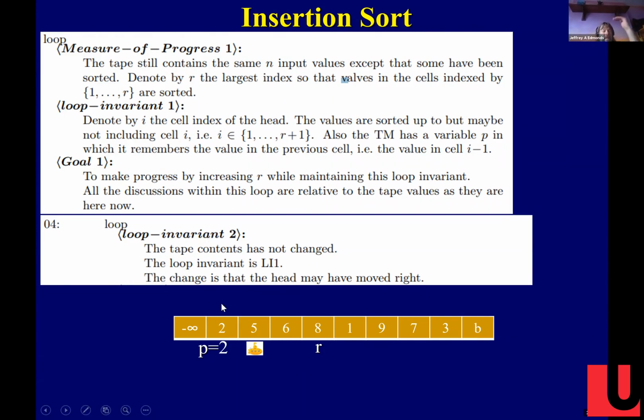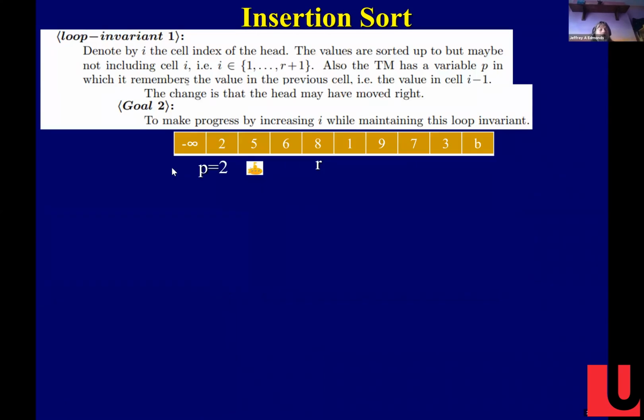All right, so let's say we maintain this loop invariant. Suppose we have this loop invariant. Now we're going to go through the inner loop. What happens when we go through the inner loop? Well, the head moves. We need to make progress, and how do we make progress? By moving the head right. So every iteration of this first inner loop is going to increase I. I is where the head is.